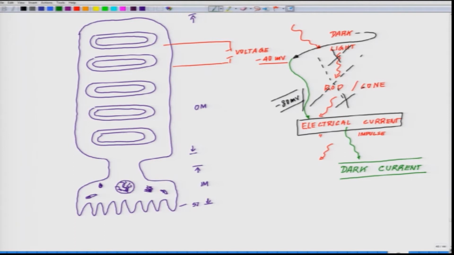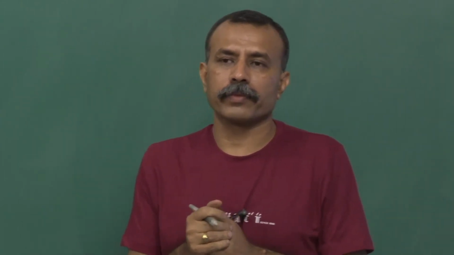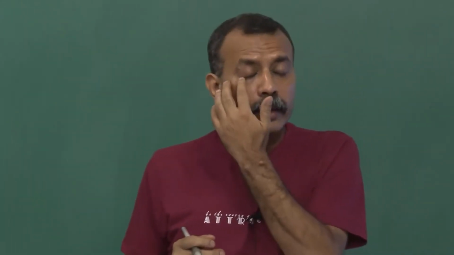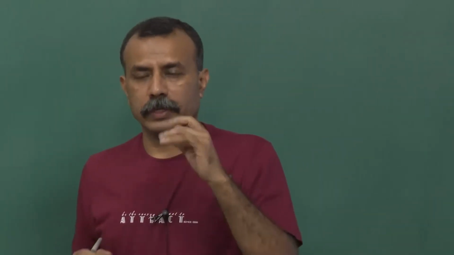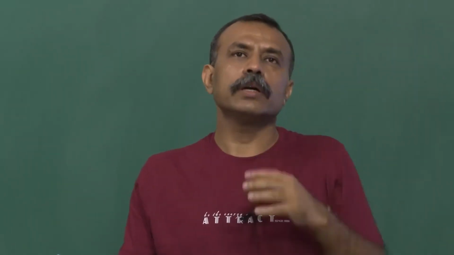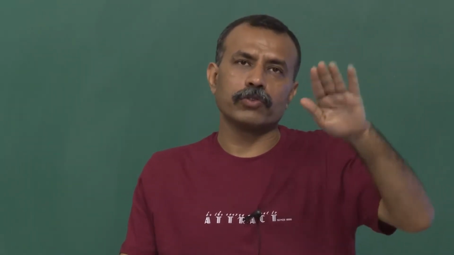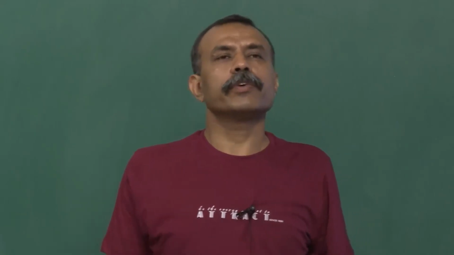Now, having said this, I come to a different aspect to try to explain it. We always say when an impulse comes, the electrical signal has to be generated. But the thing is that when we see an object, we see a contrast in an object.